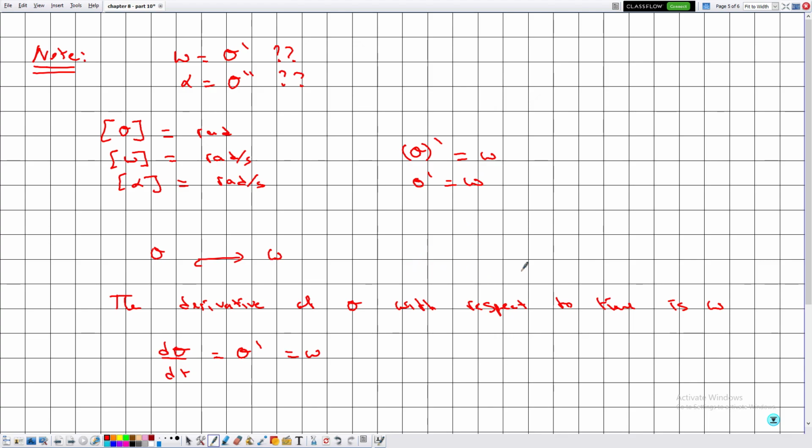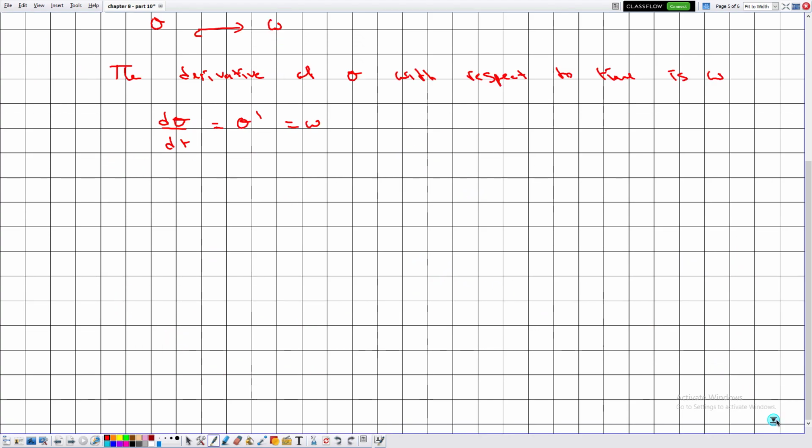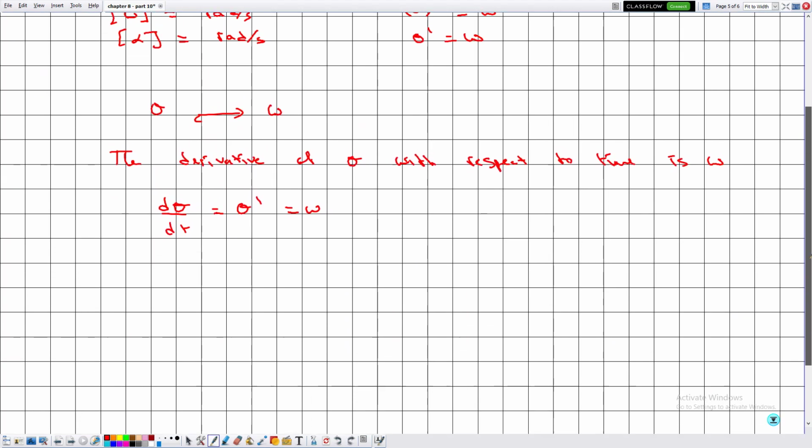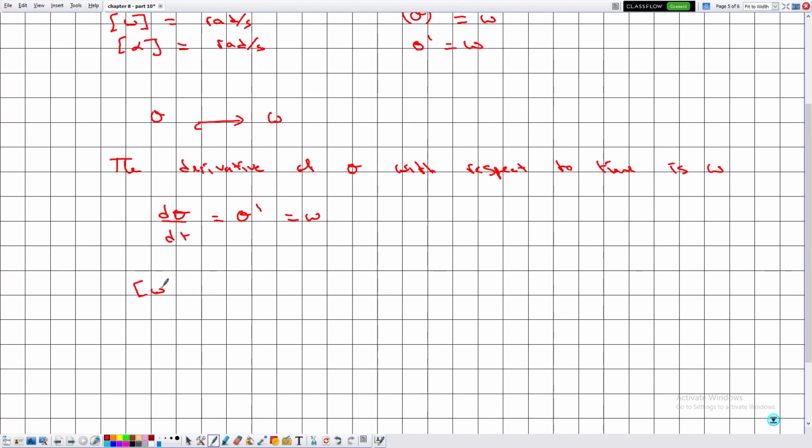Now omega: the unit of omega is radians per second, and the unit of alpha is radians per second squared. It means that if you derive omega with respect to time, you will get alpha. So omega prime is equal to alpha.